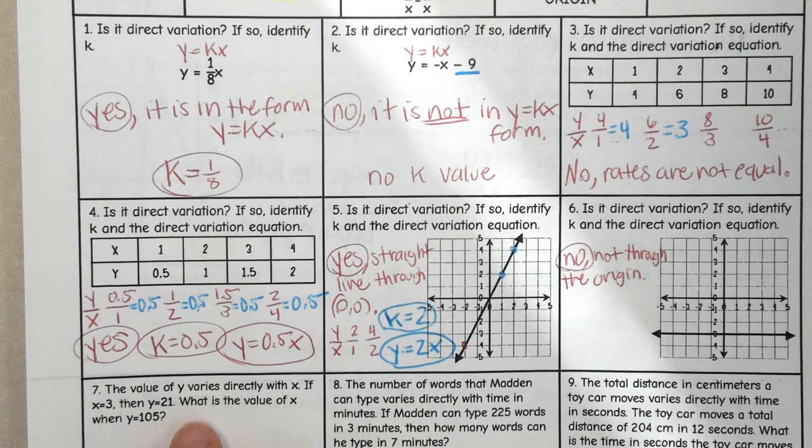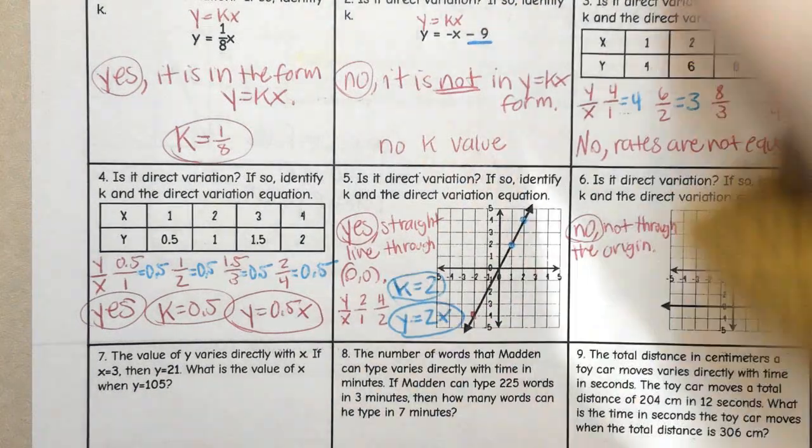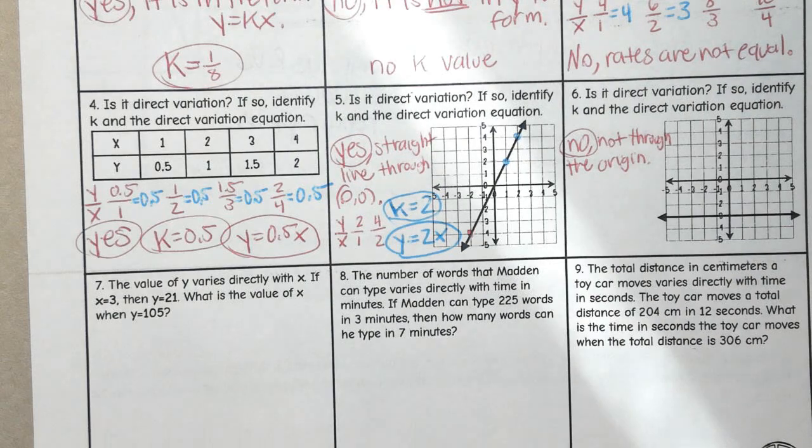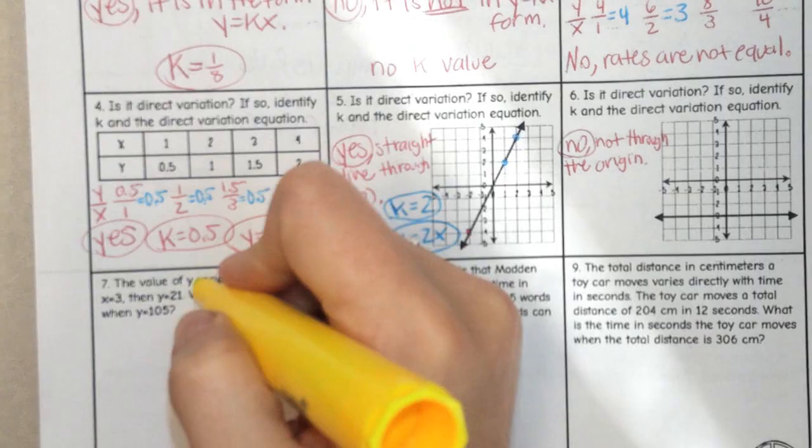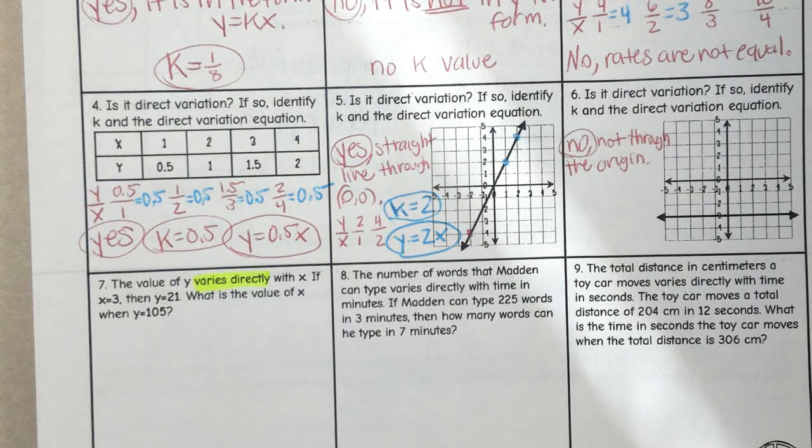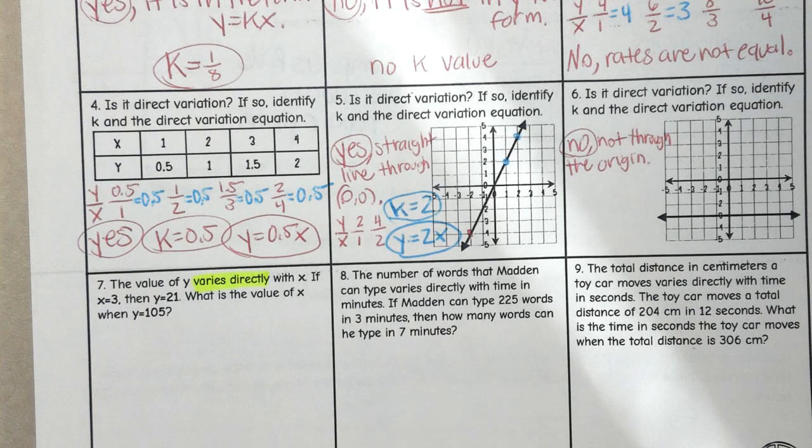This one says the value of y varies directly. There's that varies directly again. If it varies directly, it means what? Yeah, it's a direct variation. It means it's proportional. Proportional means all the rates will be equal. Okay?